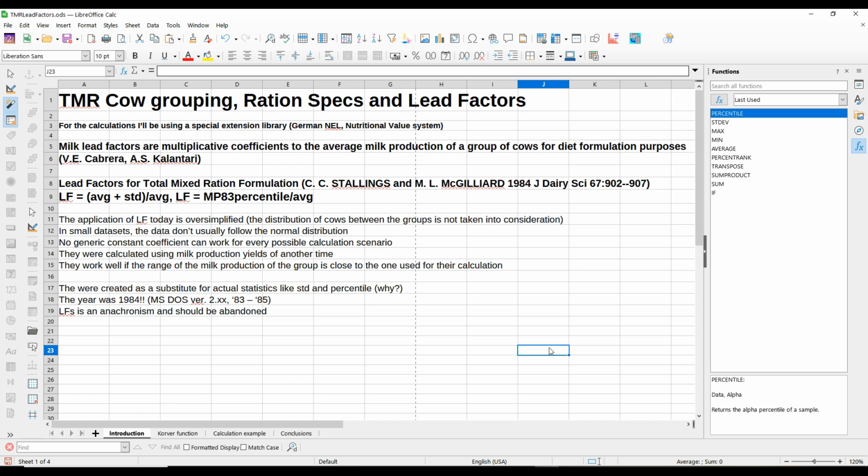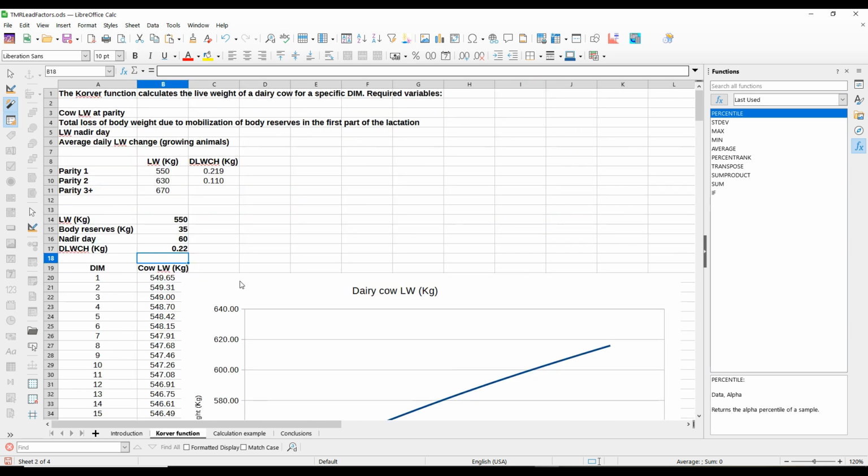As I said, we need at least a single weight measurement for every cow at the time of calving. But we also need a way to infer the weight of the cow at the day of the milk recording. For this purpose, the cover function can prove to be very useful. The cover function calculates the live weight of a dairy cow for a specific day of lactation.